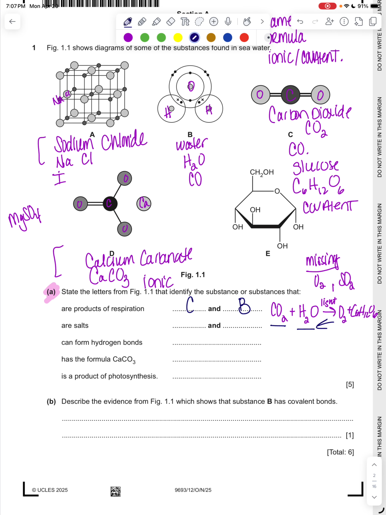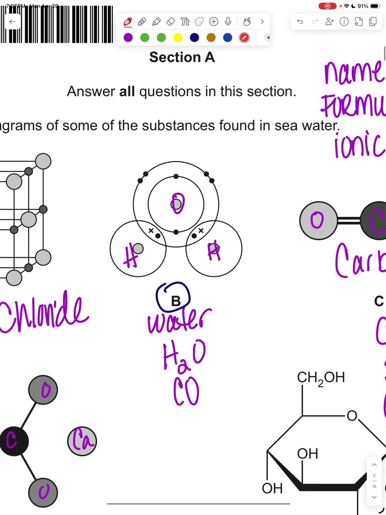Your salts is going to be A, sodium chloride, and D, calcium carbonate. Salts are ionic bonds. You could also go D and A. Can form hydrogen bonds. Water is the one that we need to know. Forms hydrogen bonds. Our hydrogen atom compared to the oxygen atom, it does not have as many electrons around it, so we say it's partially positive.